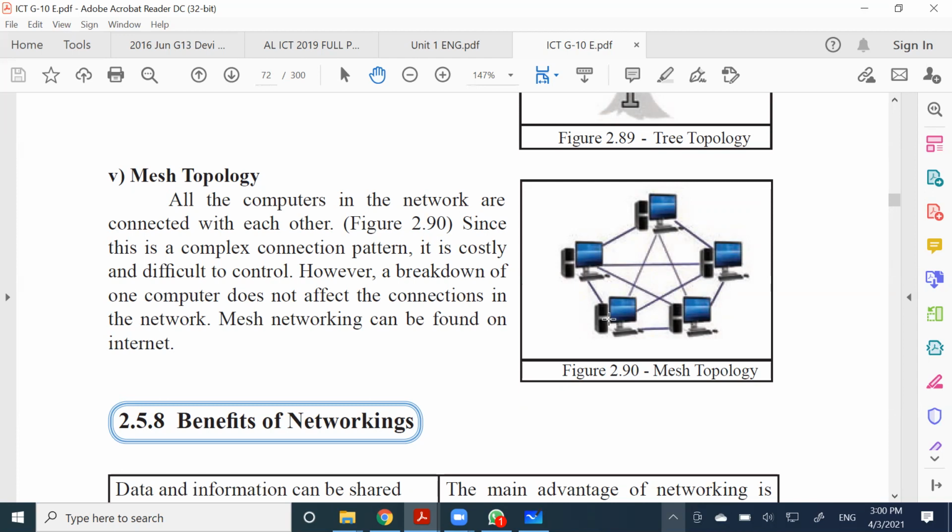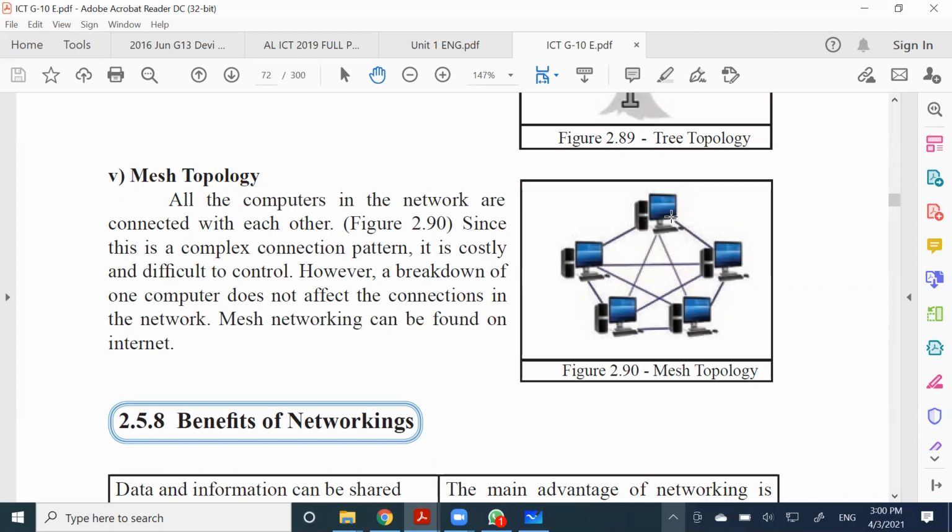Right? And again, if anything breaks down, they can communicate using another alternative method. මේ path එක break down නම්, they can go from here to here and from there to here. Right?